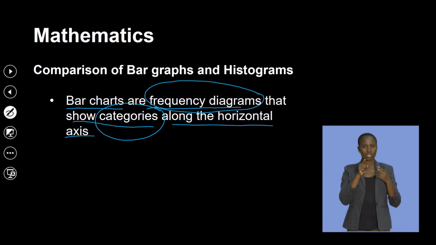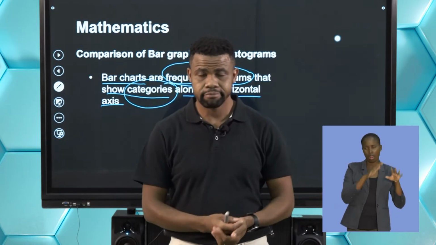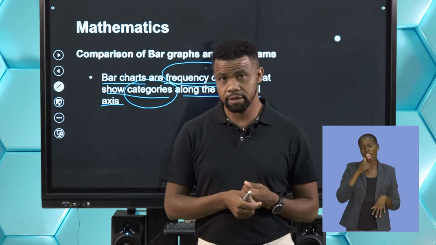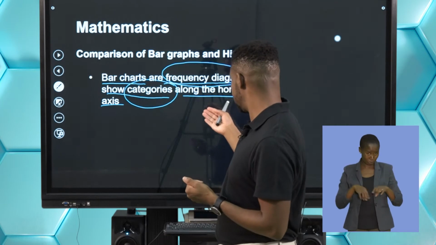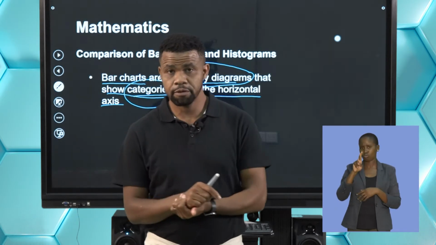What does it mean? It could be colors, yellow, white, black, or male, female. On the x-axis, on the horizontal, you'll have your categories. It could be gender, it could be race, something of that nature.